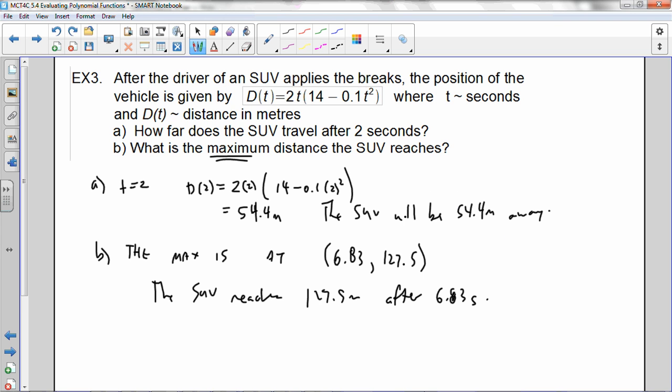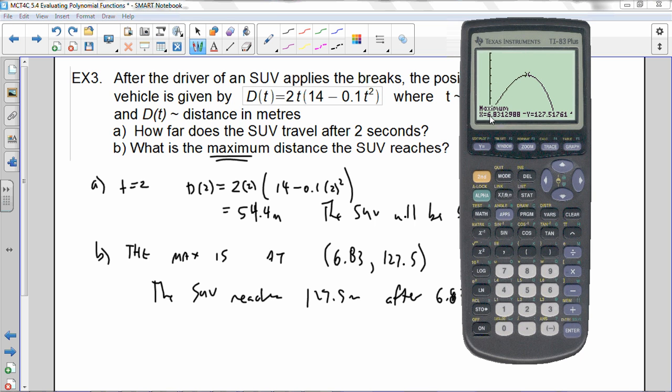But this is a little bit of a silly model because notice this is the SUV traveling away and braking, slammed on the brakes, but still moving away, and then finally stops. The weird thing is after that, the distance starts decreasing. It's like the brakes are pulling the SUV backwards. So this part doesn't make any sense at all.